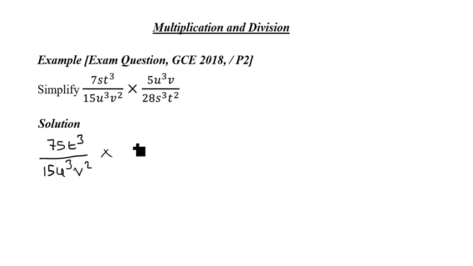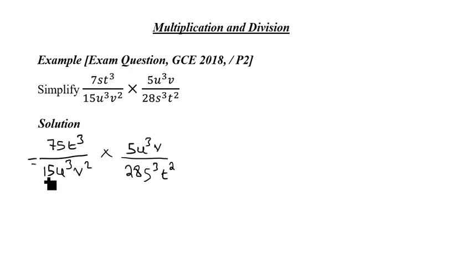We are multiplying 5u to the power 3 v over 28s to the power 3 t to the power 2.